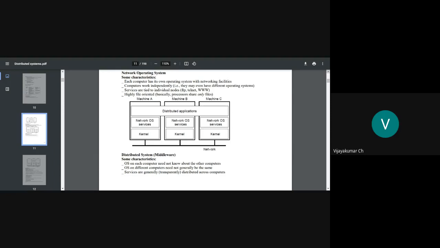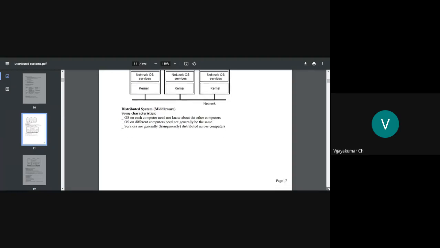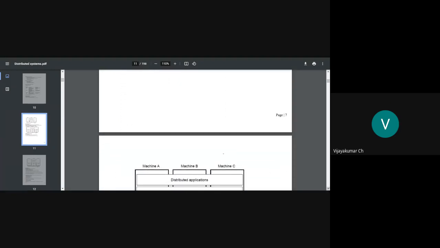The OS on different computers need not generally be the same. Services are generally distributed across computers. Here, services are transparently distributed across the network.